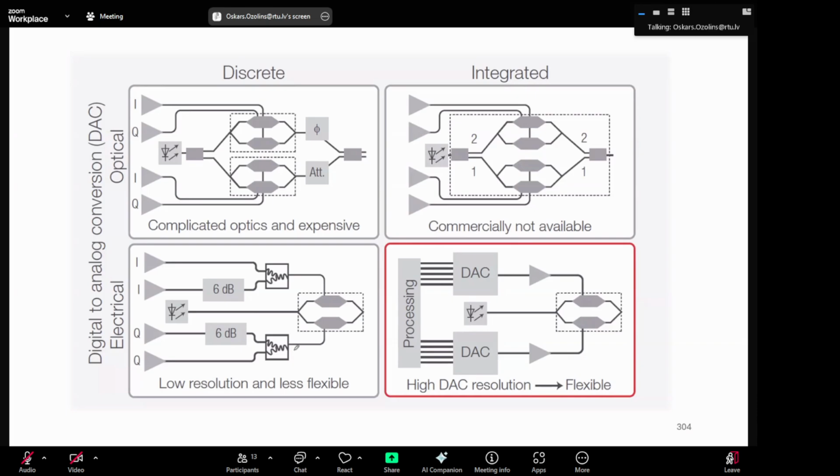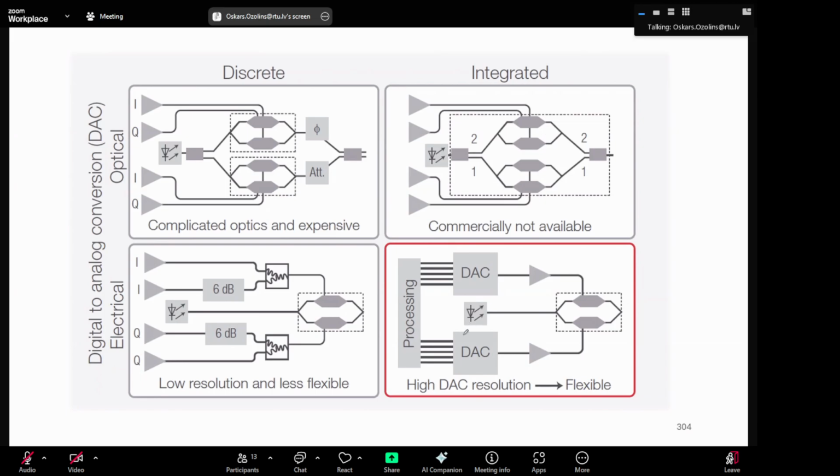So there's also an electrical way how to do this. But if you combine these signals in this way, then you get low resolution and it's not that flexible. Then you can have an integrated approach.